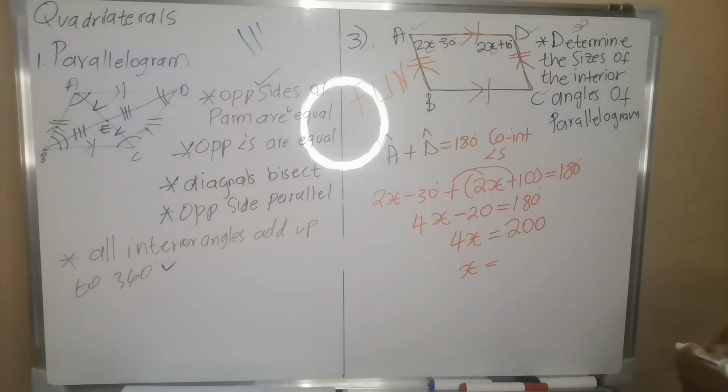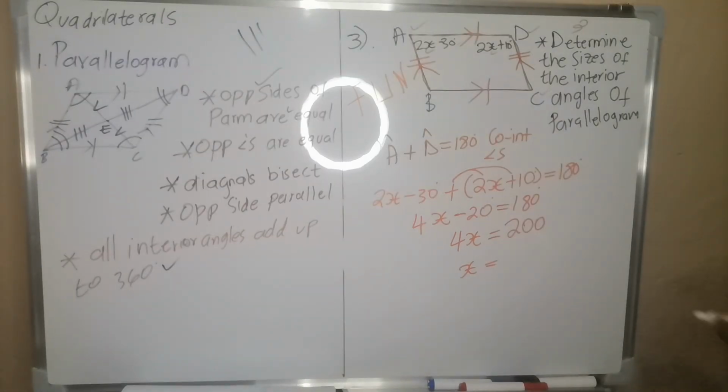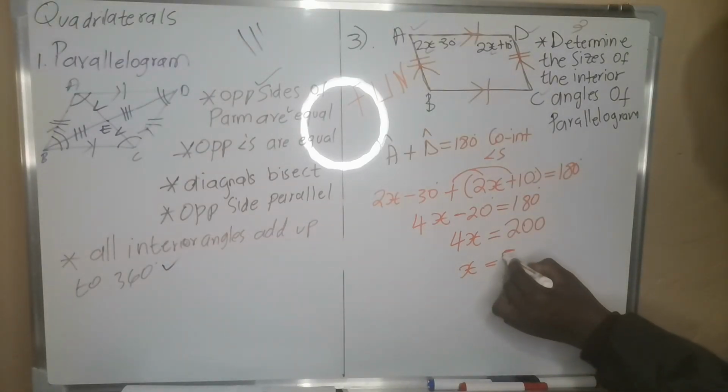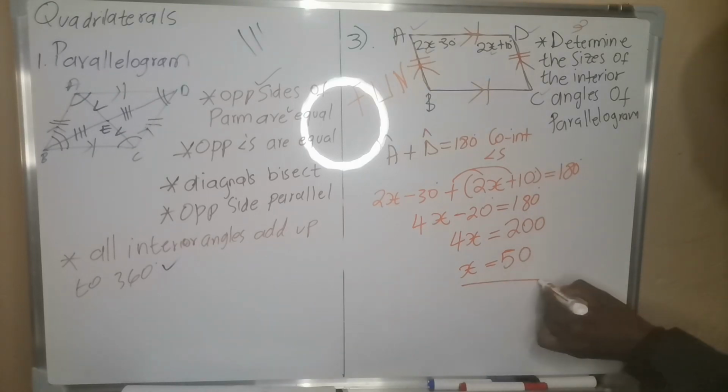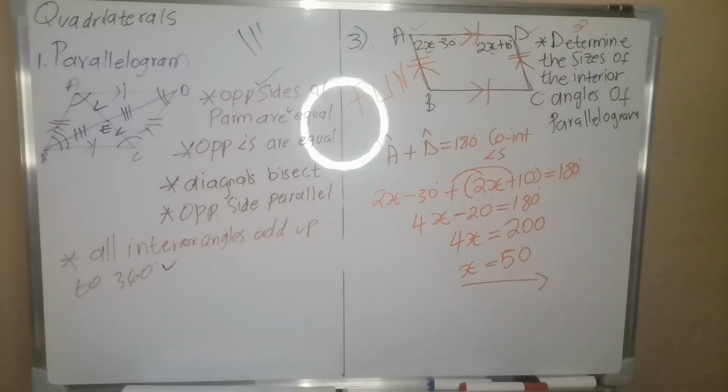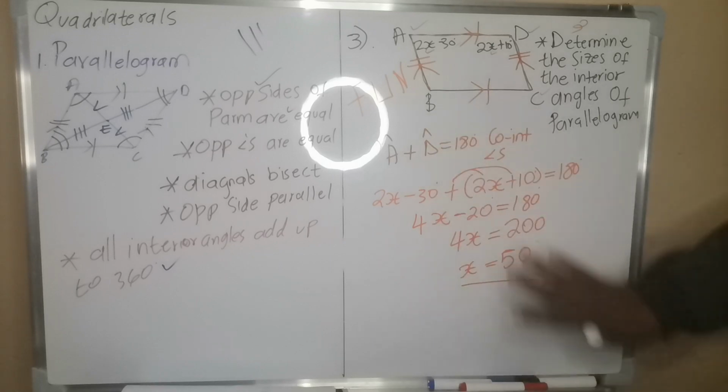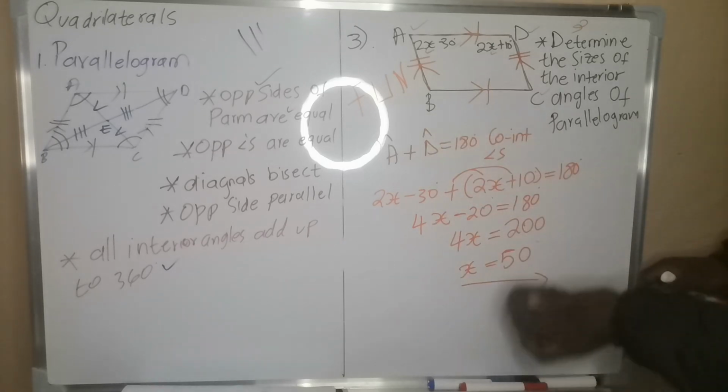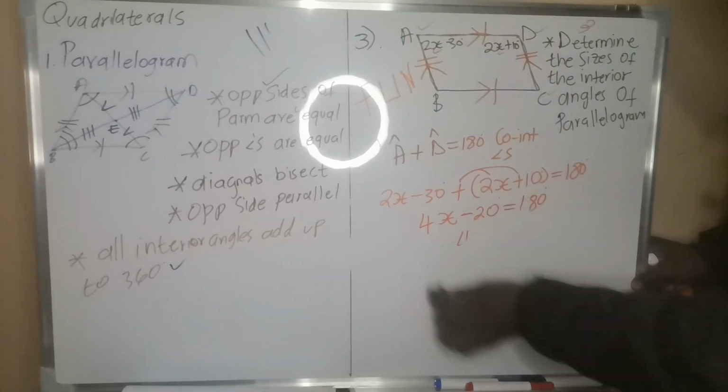Then 200 divided by 4 is 50. Then you are done with finding your x. Your x is 50. I'm going to remove it, so I don't have a space. Just write it down. Your x is 50.